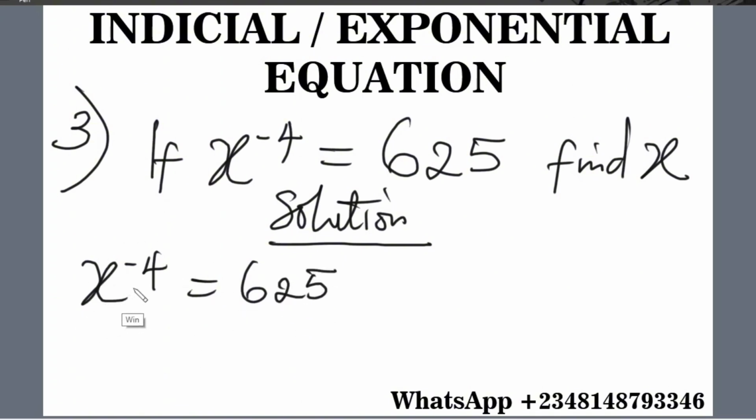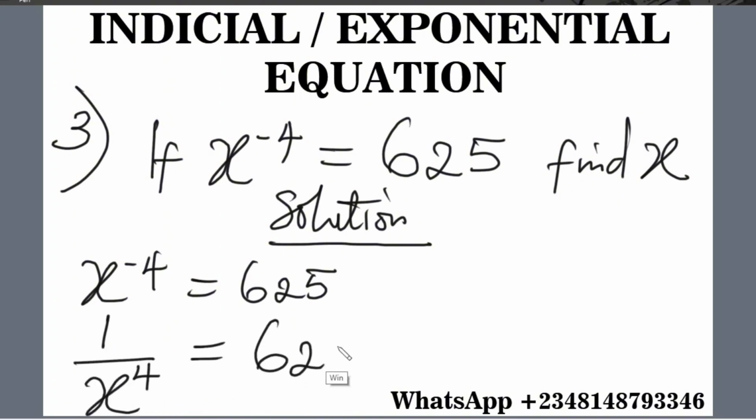If you apply the negative law of indices here, you would have x raised to the power negative 4 to be 1 all over x raised to the power 4 equals 625.